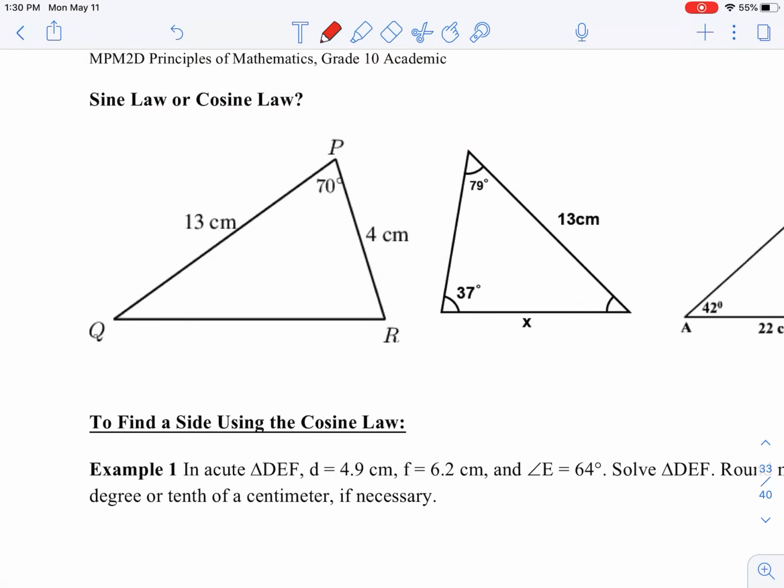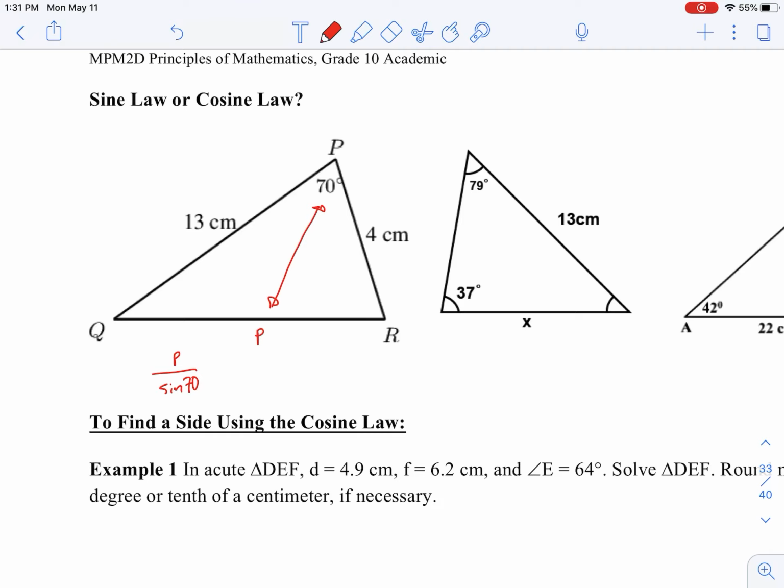So if we look at this first triangle, we check to see, can you use sine law? AKA, is there a complete ratio? So I'm looking at angle P and side length p down here. See how this is not a complete ratio. We would have p over sine P, so we would have p over sine 70. It's not a complete ratio.